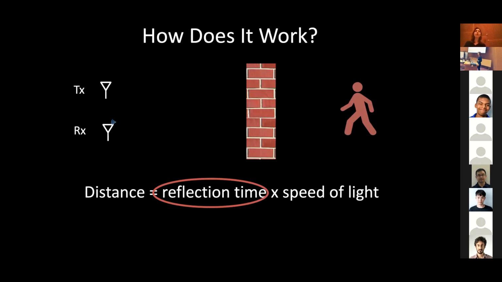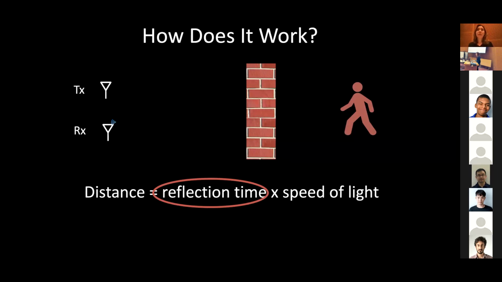Basically, distance equals speed multiplied by time. If you know the reflection time, then you can get that dot that is moving on the ground, because you can get distance. This principle underlies radar and sonar and a variety of different technologies.